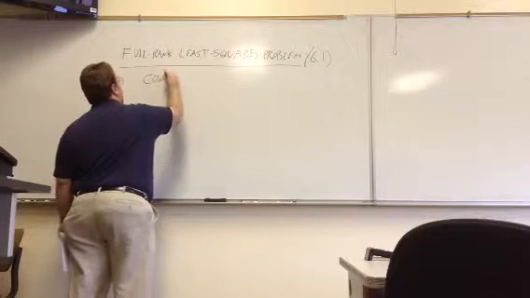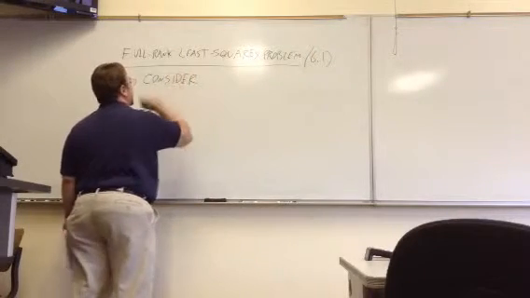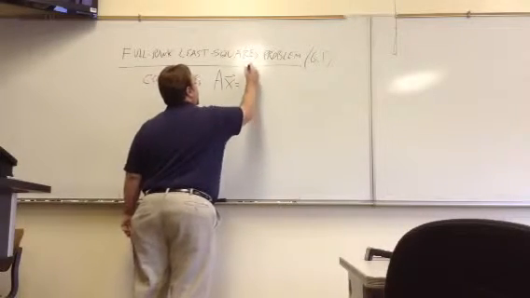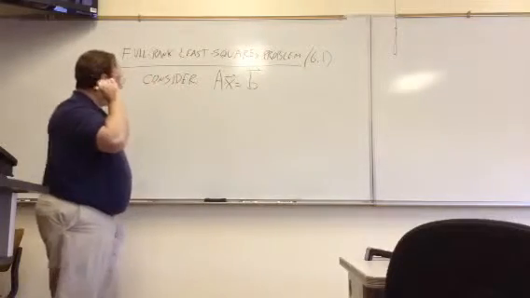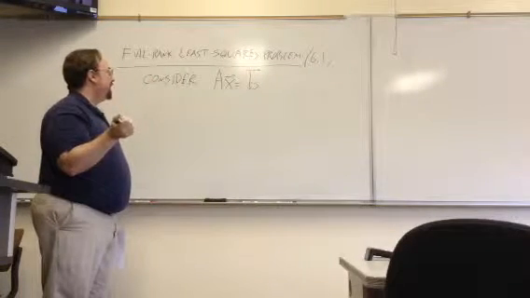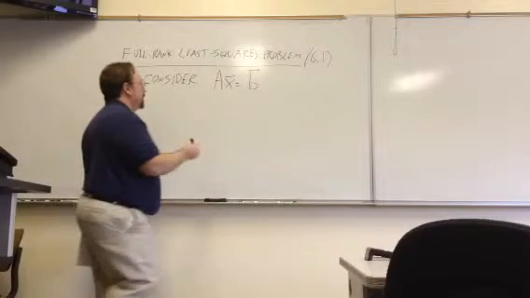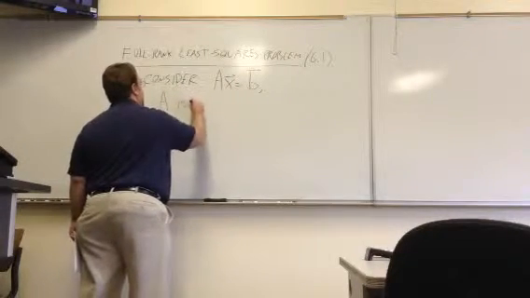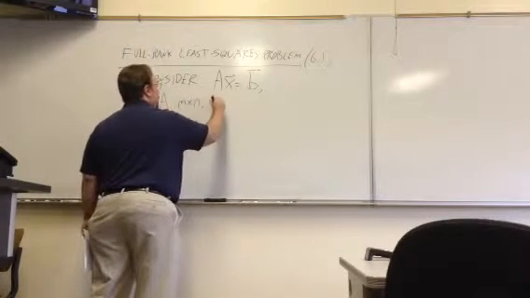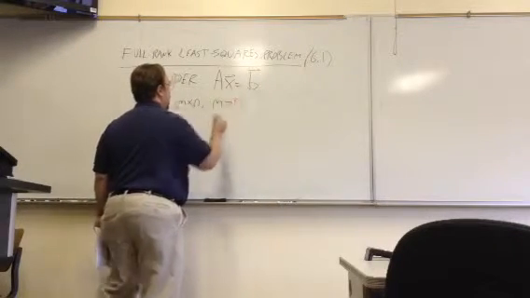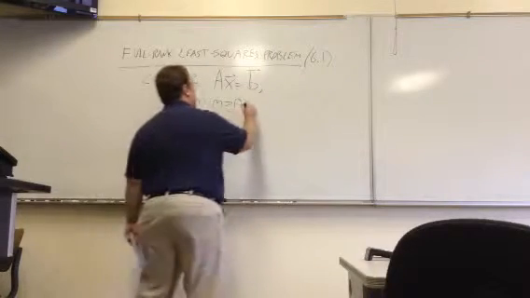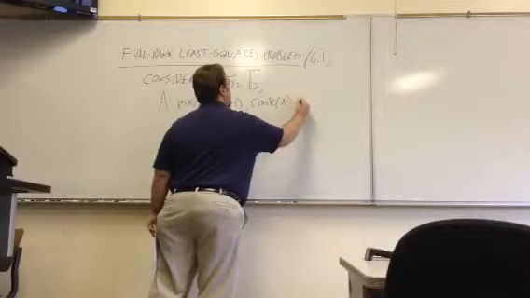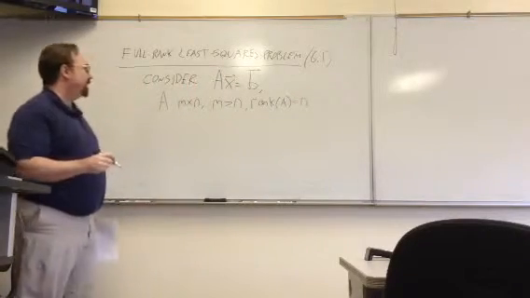Consider this kind of system of equations, Ax equals b, except this time, instead of A being an n by n matrix that's invertible, A is m by n. m is strictly greater than n now, but the rank of A is equal to n.